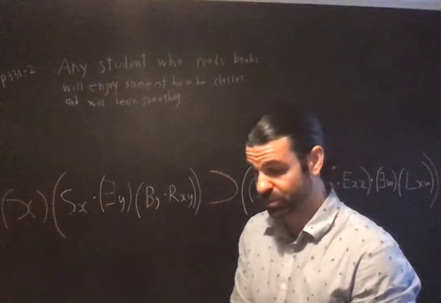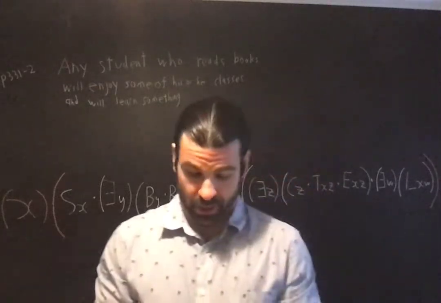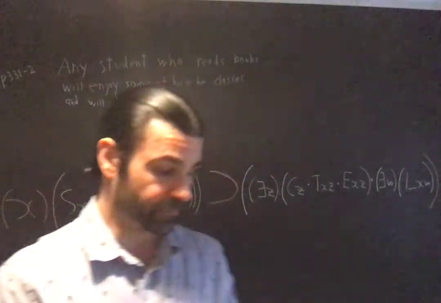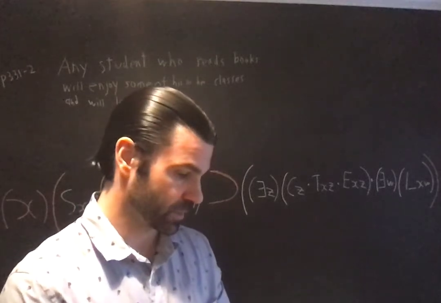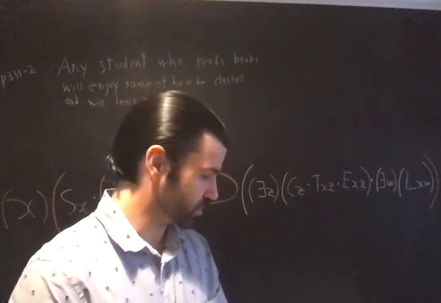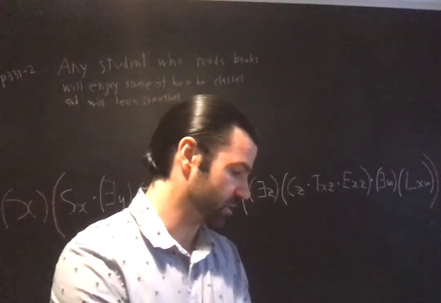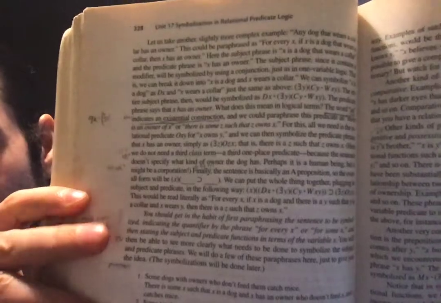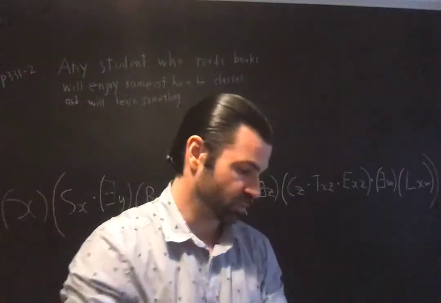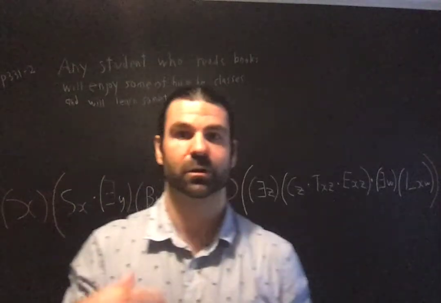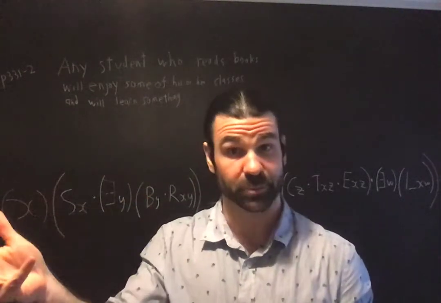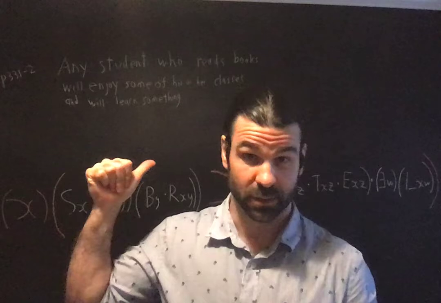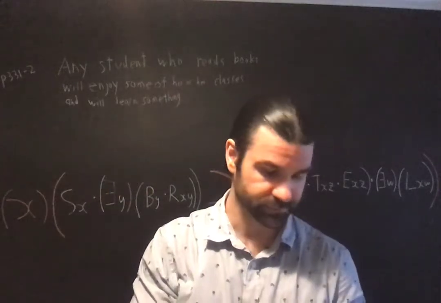Let me point you to the text that I've referred to a few times. On 328, there's this italicized passage, where my middle finger is, which is important. This is really crucial advice for symbolizing English sentences with this kind of complexity.